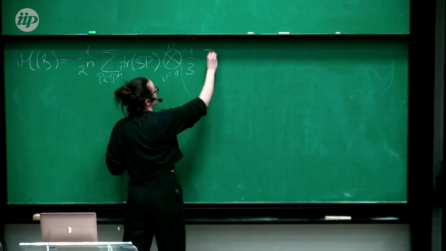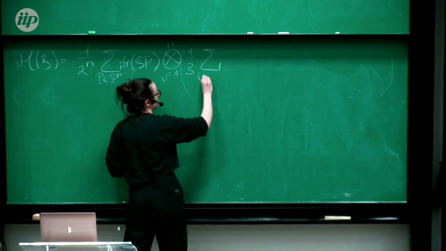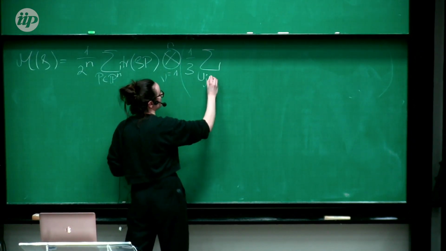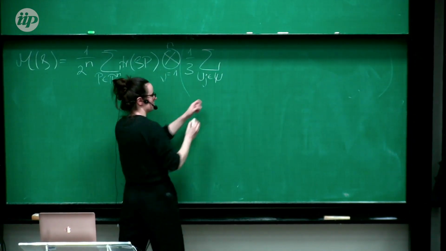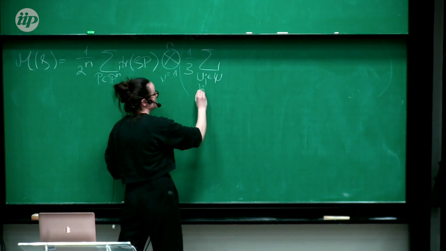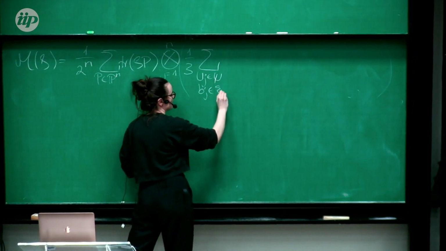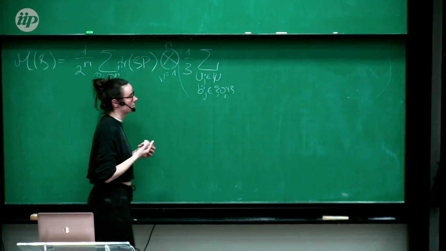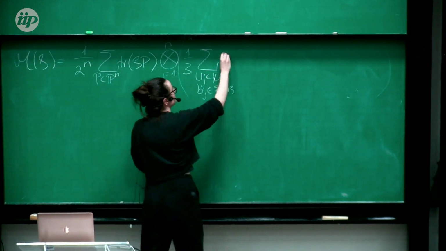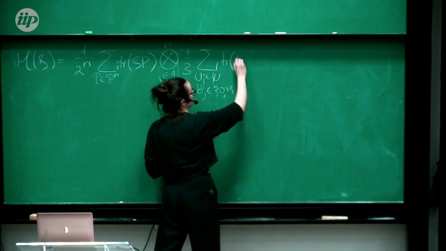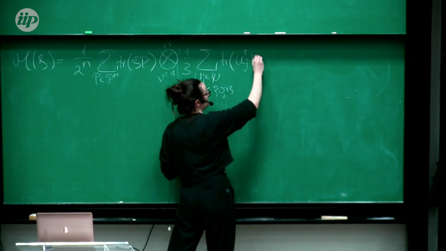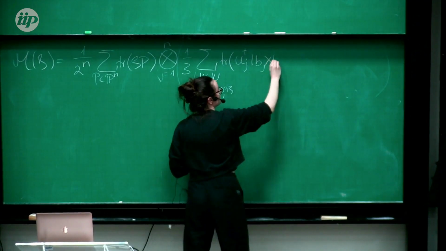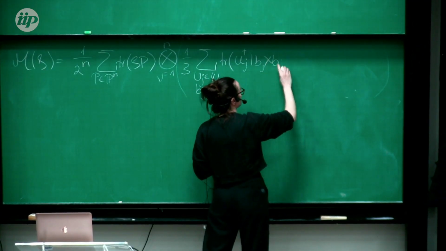And then I have my sum over u_j in the single set and b_j in bits of length 1, and the trace, and now we need to keep track of these qubit indices. It's important.